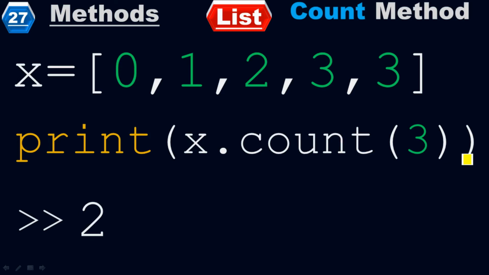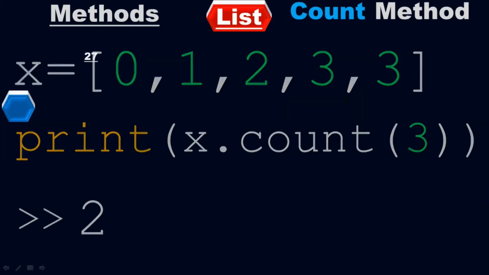What is the total number of 3s here? We have 2, therefore it returns 2. If you have only one 3, it returns 1. If you have 5 threes in the given list, it returns 5. So it specifically counts the number of that specific element which you mention inside the parentheses, not the count of total elements. Understand the difference. I hope you got the difference now.